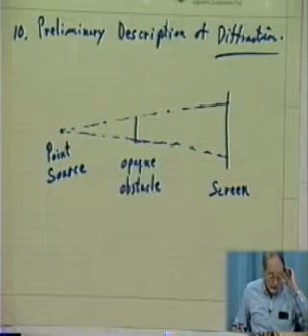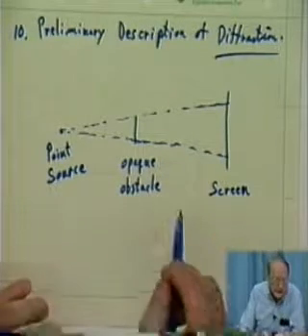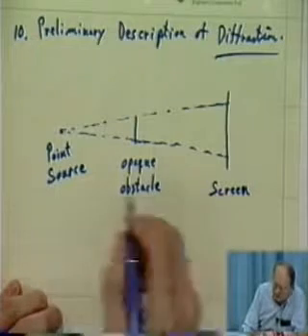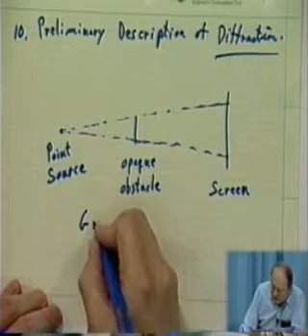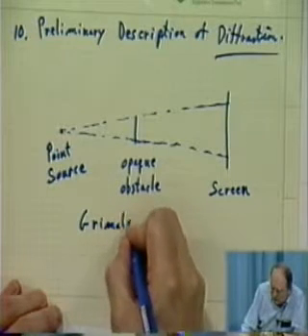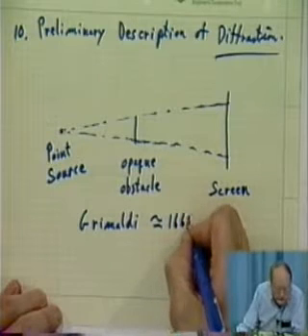So, I mean, the concepts of diffraction have been around a long time, and I think the first book on this was written by a person by the name of Grimaldi in about 1665 or so.